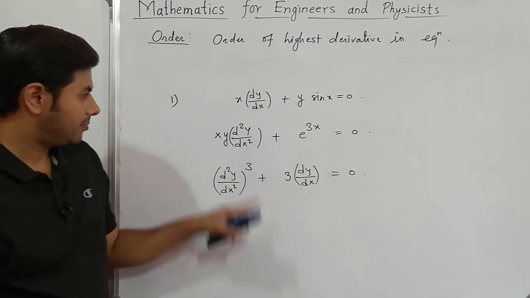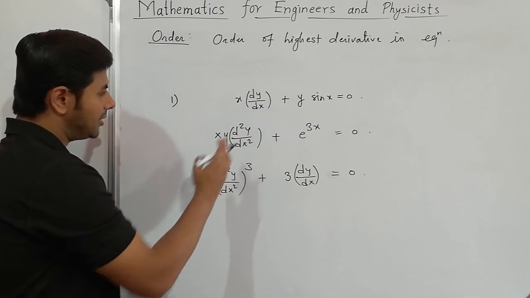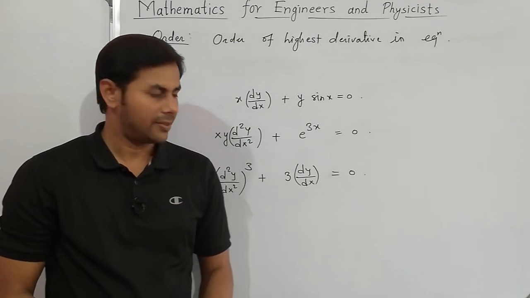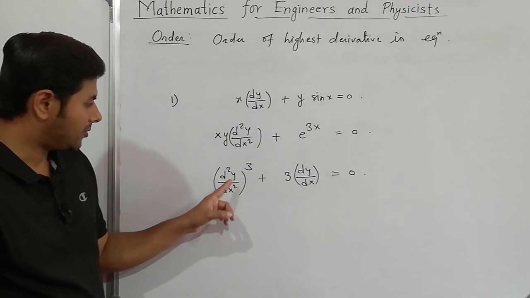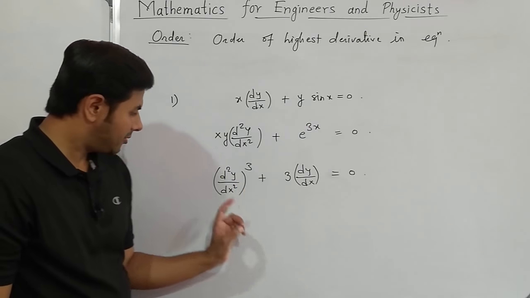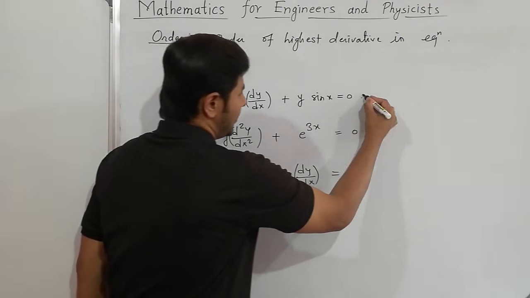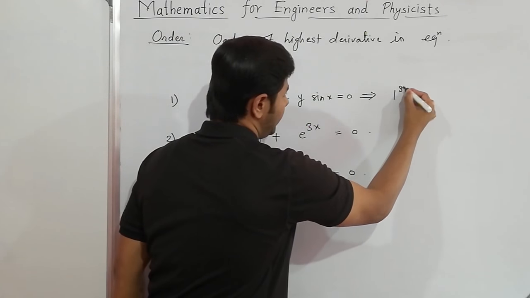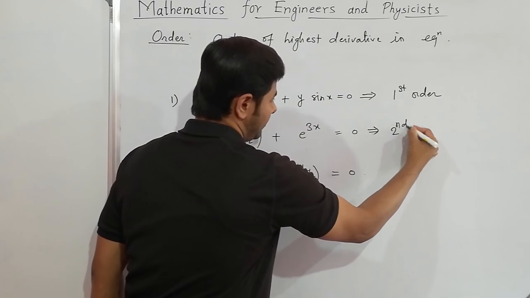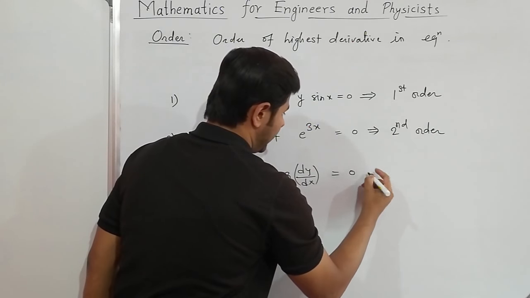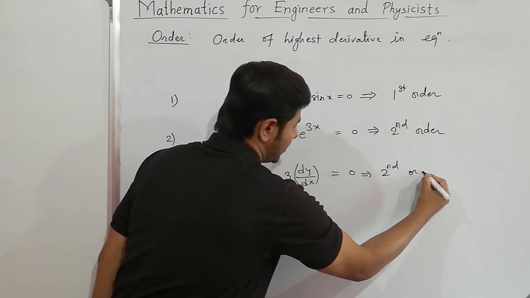The second is second order because we have the second derivative of y with respect to x, and this third equation is also second order because we have the second derivative of y with respect to x. So I can write this is first order, this one is second order, and this equation is also second order.